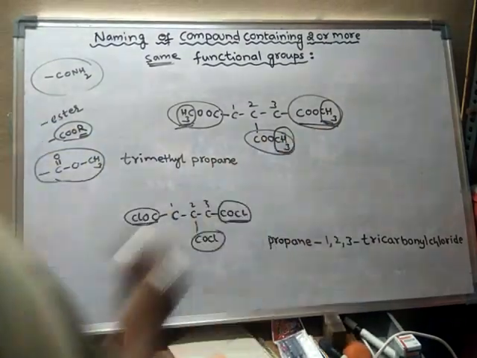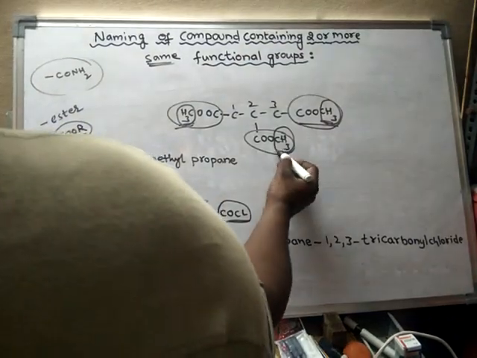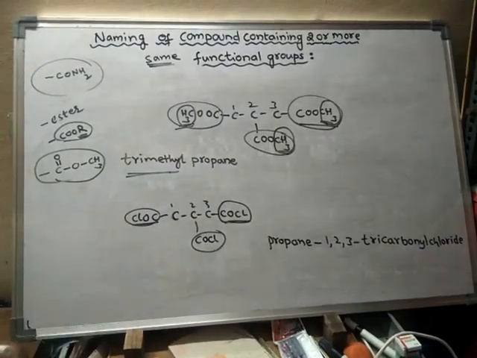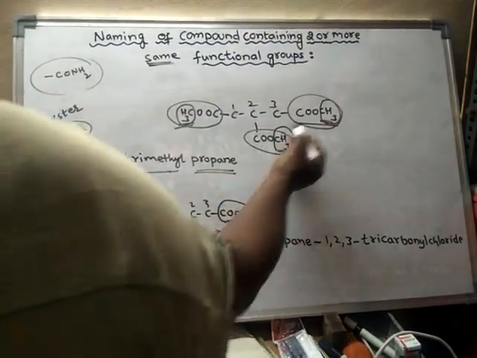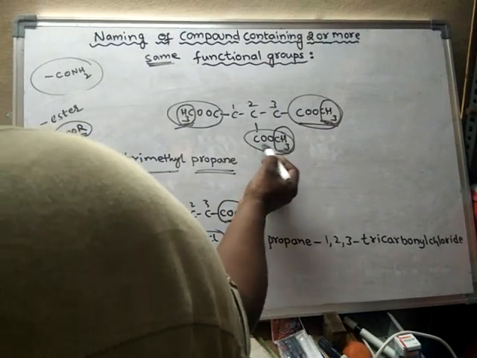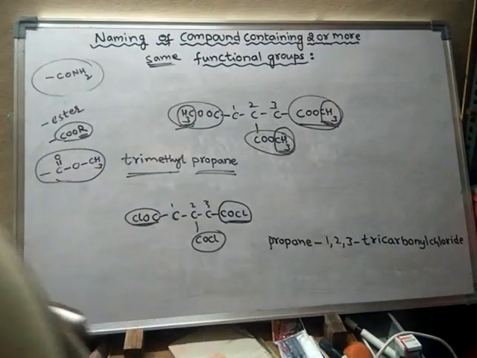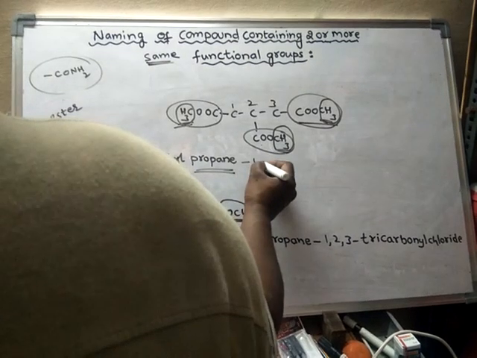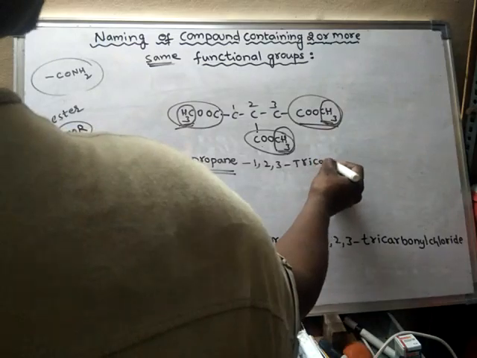The same esters are repeated more than two times. So now, if it is ester, the R group should be written at the beginning as a secondary prefix, before writing the root word. Now, propane. Now the other part of this functional group should be mentioned here, like this. So here it is called tricarboxylate. On first carbon, second carbon, and third carbon, you will find tricarboxylate.